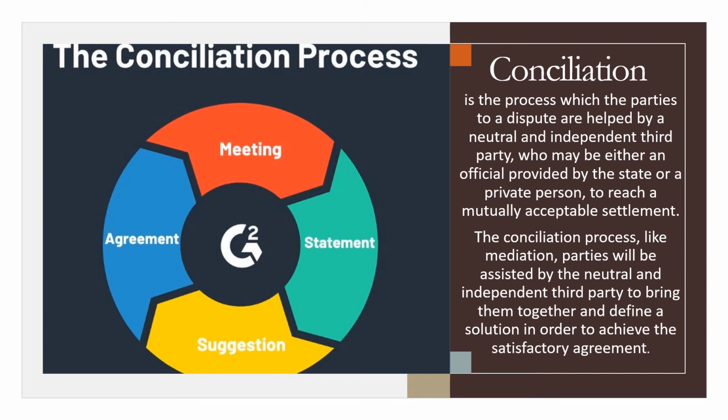Do you actually need that thing that you are insisting on? Why don't you take this other option? And the parties in conflict will review it and think about it. If it is favorable to them, they will take the suggestion and come to an agreement, and the problem will be resolved.